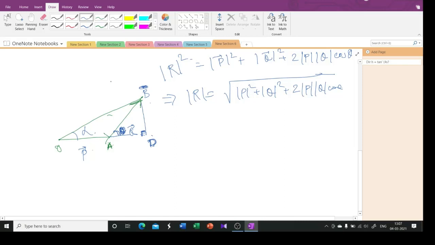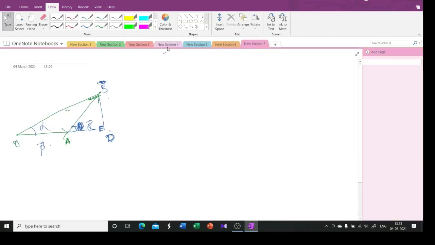Then what is tan alpha? Tan alpha is simply BD by OD. What is BD? We know that BD by AB is equal to sine theta, so BD is AB sine theta.